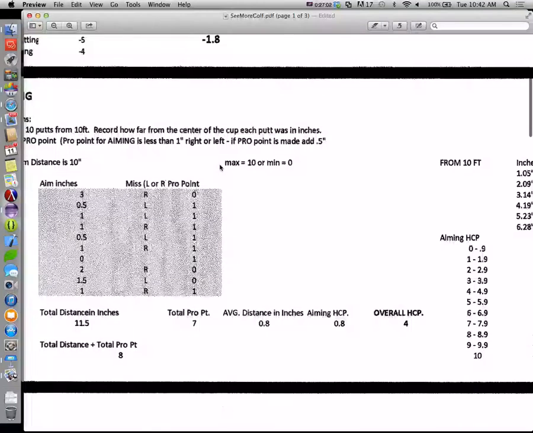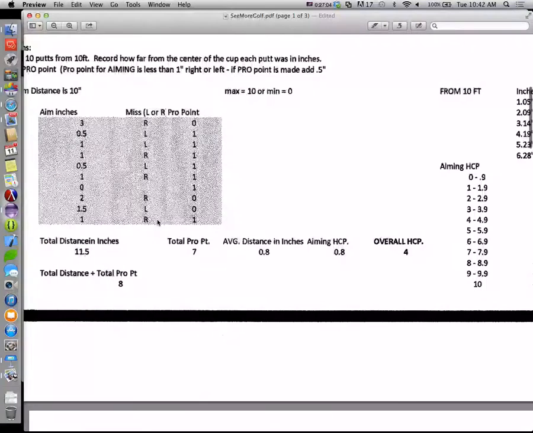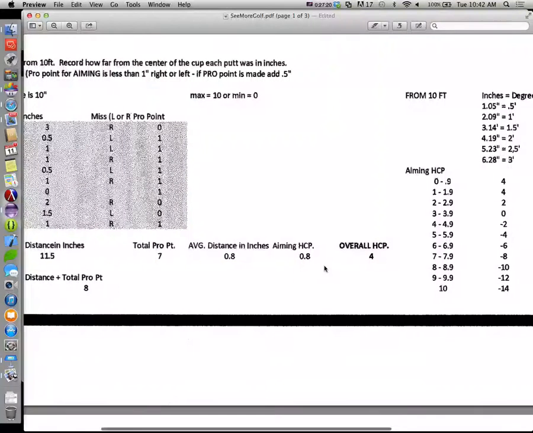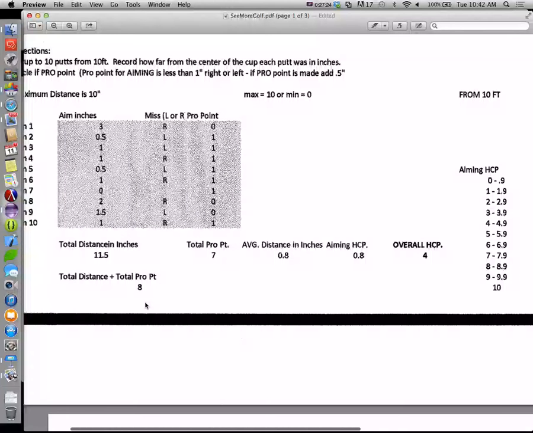How do they use a pro point? So this is total degrees missed. This is average degrees missed. Our aiming handicap was average degrees missed. Overall handicap was 4. Total distance, which was this 11.5, plus total pro points.